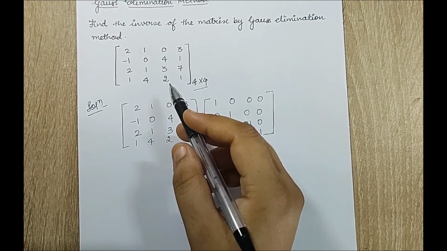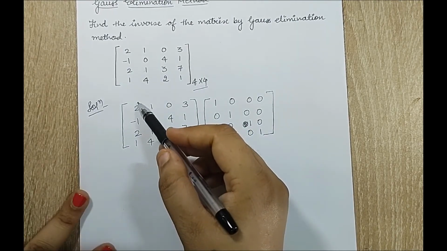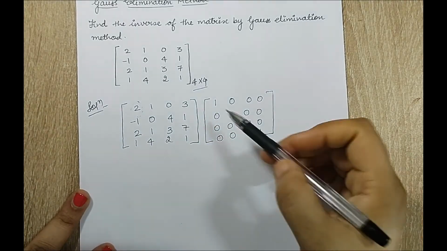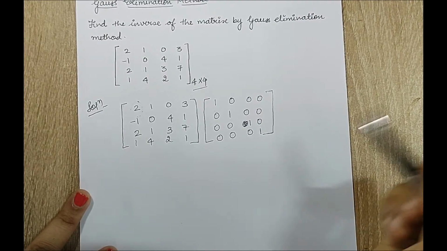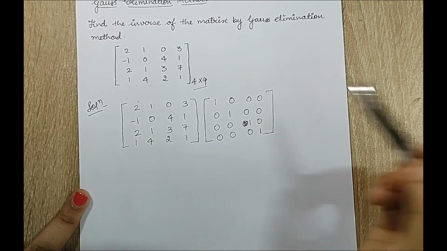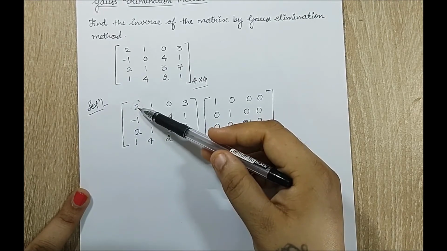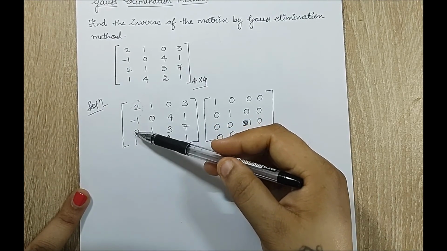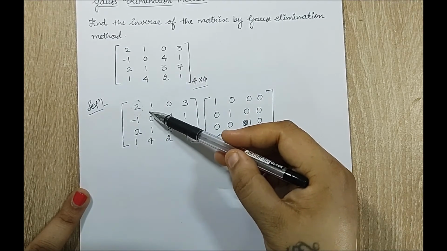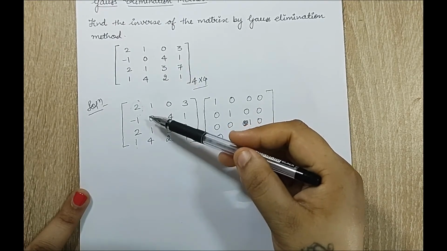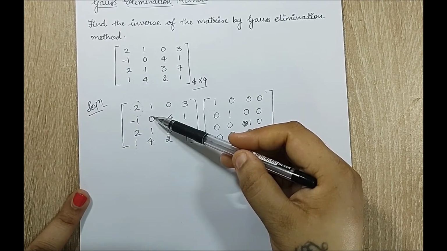Now I will start by first using a row transformation wherein I'm going to convert this 2 into 1, because you can observe the unit matrix has the first element as 1. Now there is a trick for solving this numerical: you should first focus on this first element, convert it into 1, make all the elements below it 0, then go to the second element, make it 1, and correspondingly make these elements 0 by using the element which you have formed.